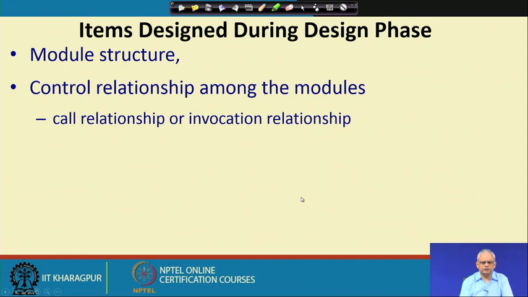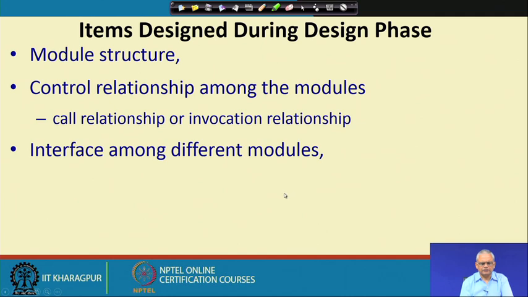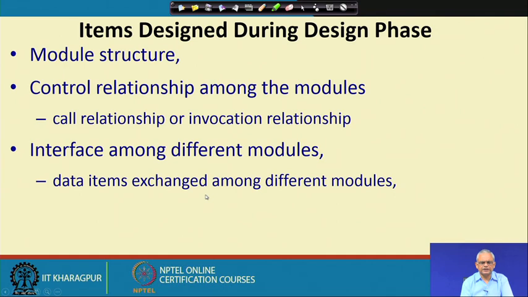So, this is the call relationship or invocation relationship between the modules or the classes. The interface, that is what data exactly is given as a parameter when there is a function call or a method call, we call as the interface among the modules. So, this is basically the data items that are exchanged between the modules.